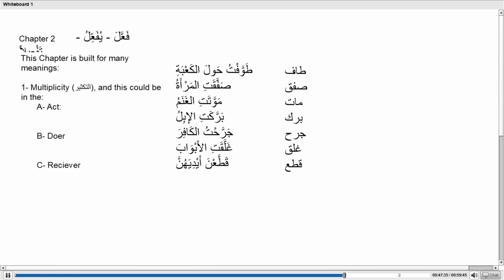Why? Because each one of those who have cut has only how many hands? Two. Okay. So that leaves us with what and what? With the act or the doer? Right?